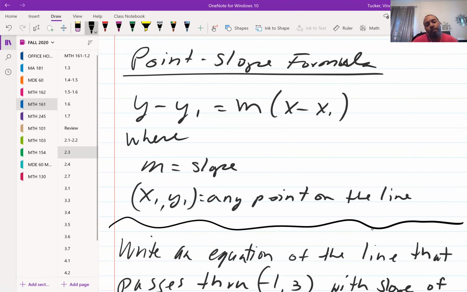Point slope formula. We have y minus y1 equal to m times x minus x1, where m is your slope, and x1, y1 is any point on the line.